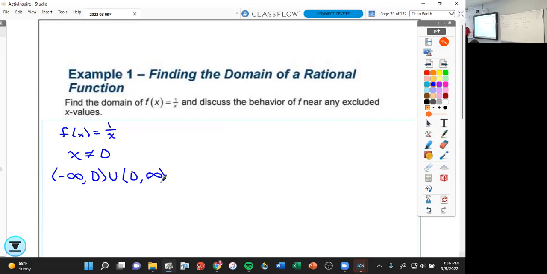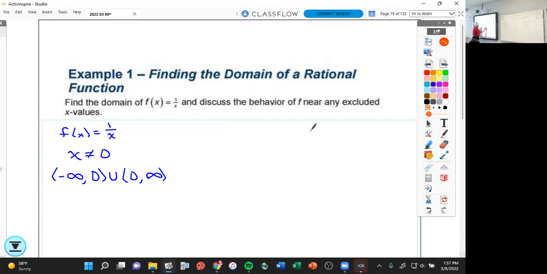And that's saying the same thing. That's the domain. So that's part of this question. Question number 1 said to find the domain, and then it said discuss the behavior of f near the excluded values.